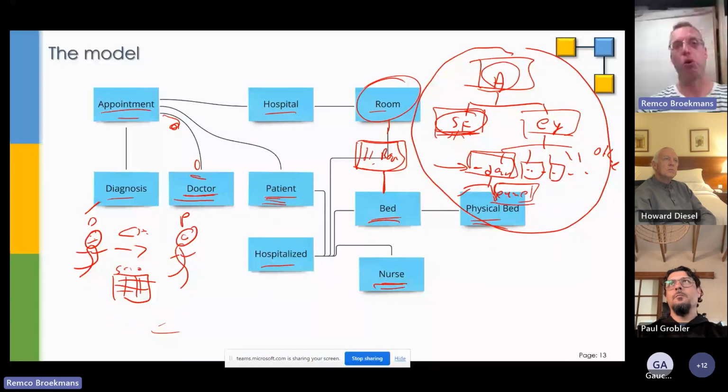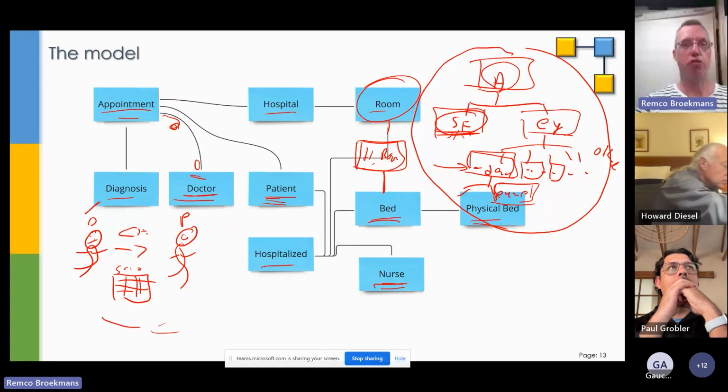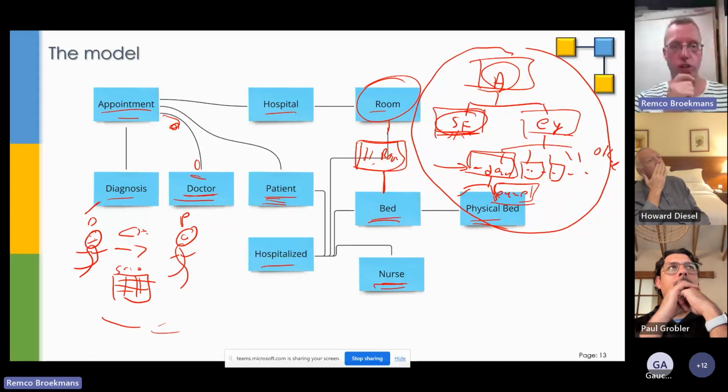I'm going to make some drawings next to it if I see that people are getting stuck. And the only reason why I do that kind of drawing, and again, nobody understands what the drawing is afterwards if they were not part of the workshop, is because I'm asking people, this is what I get out of what you're telling me. And then they say, yeah, but before you get the appointment, there should be whatever. So they're going to add to that one.